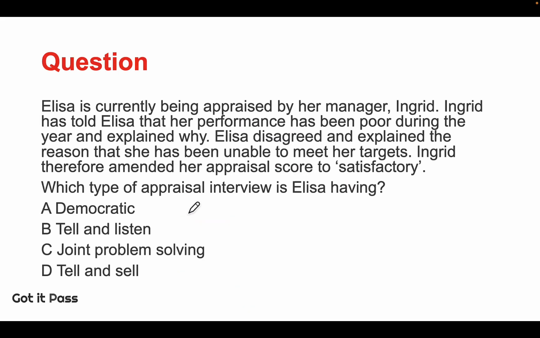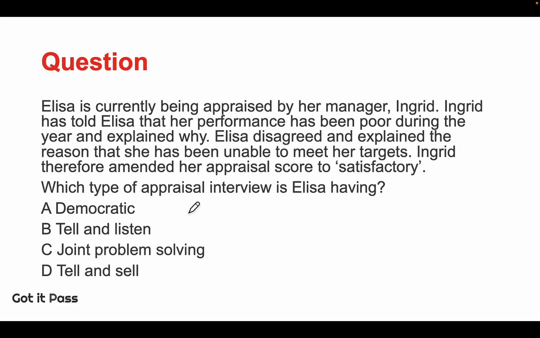And in this class, I would like to share with you some questions for you to remember what we discussed. First, the first question is, Eliza is currently being appraised by her manager, Ingrid. Ingrid has told Eliza that her performance has been poor during the year and explained why. The staff disagreed and explained that she has been unable to meet her targets.